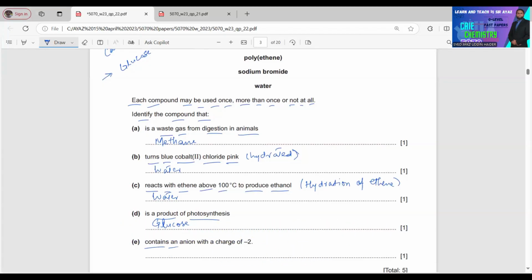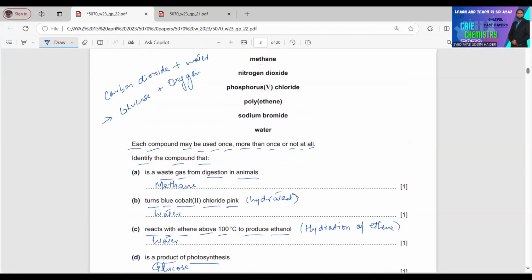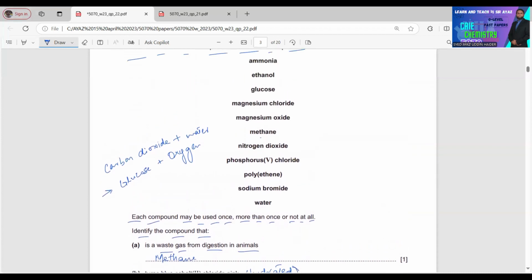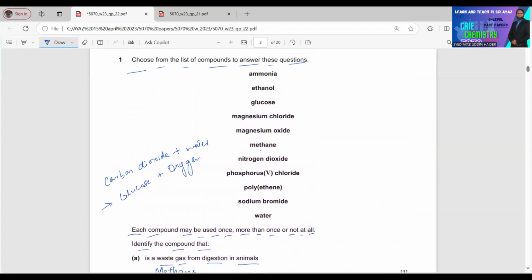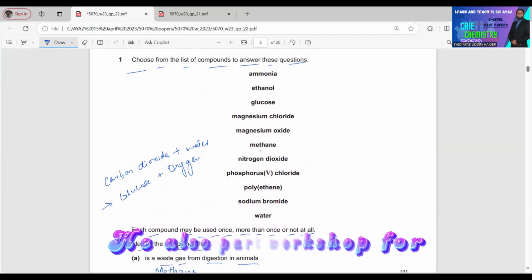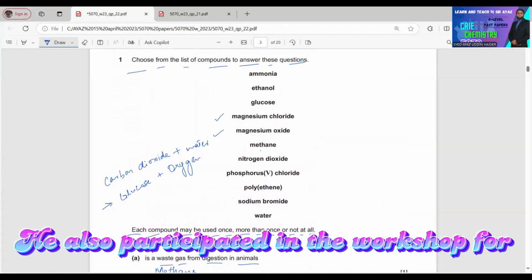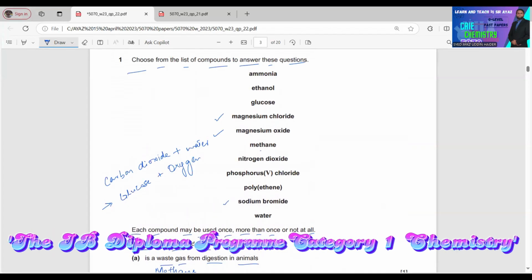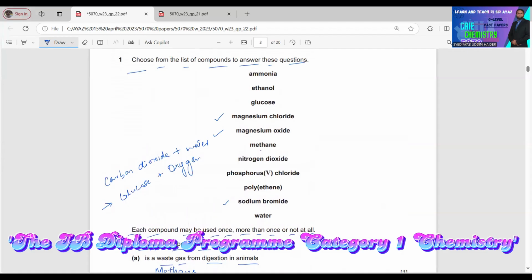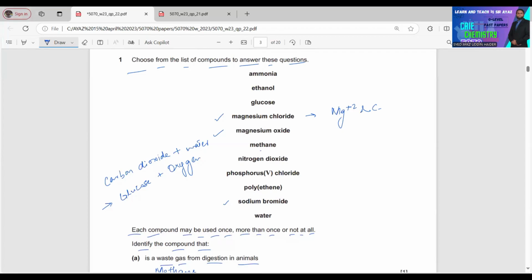E contains an anion with a charge of -2. So first of all, I have to pick the ionic compounds here. We have magnesium chloride, magnesium oxide, sodium bromide. So magnesium chloride is containing ions Mg +2 and Cl-.